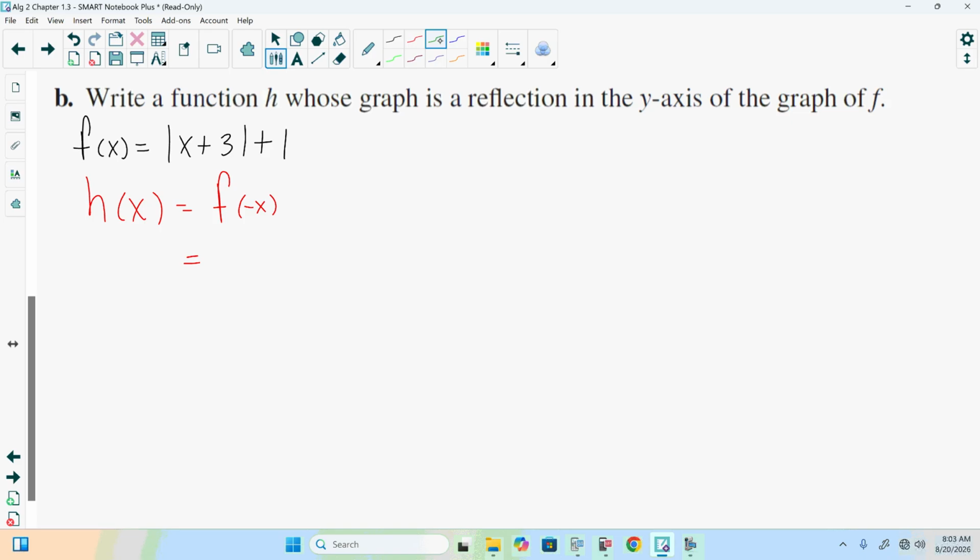We have f of negative x, which means every x in f of x is going to have to become negative x. So we still have the absolute value bar, but instead of x, we have negative x. We still have the plus 3, we still have the plus 1. Everything else stayed the same, we just switched the x to negative x. We put negative x in place of x.